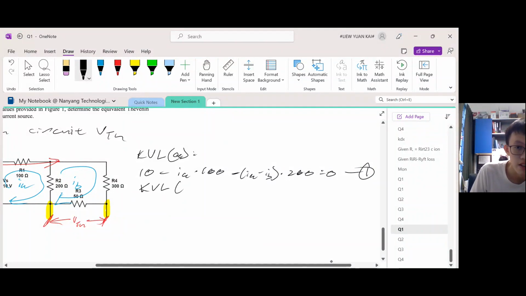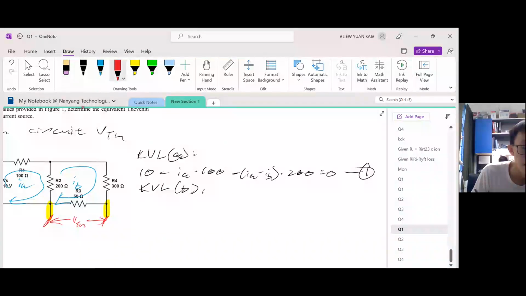KVL at B. So let us start from, say, here. We walk through R4. So there's a potential drop because it's a resistor. Current is just IB. Resistance is 300. We go through R3. Current is also IB. Resistance is 50. Then we go to R2.